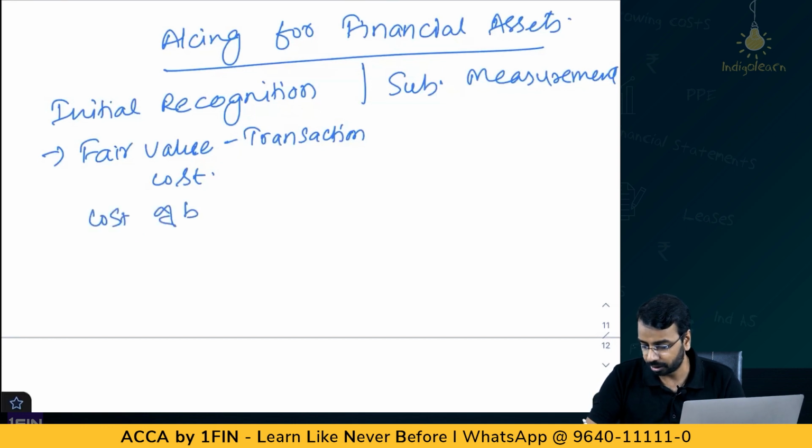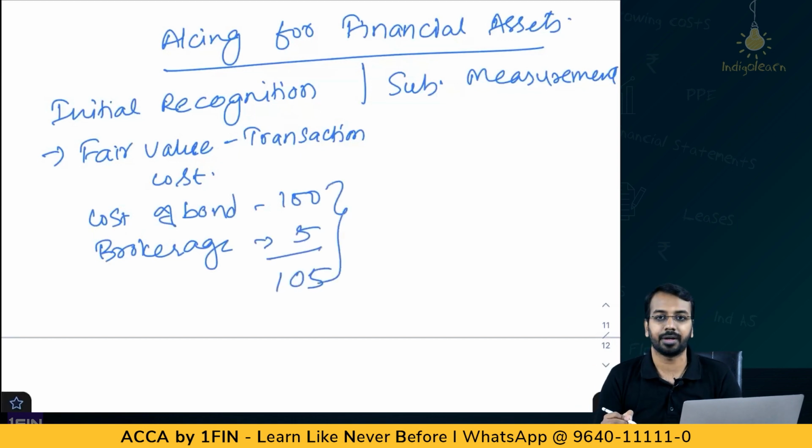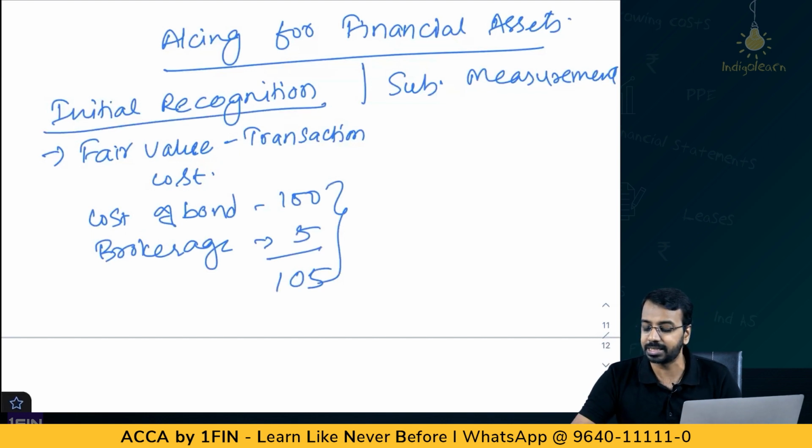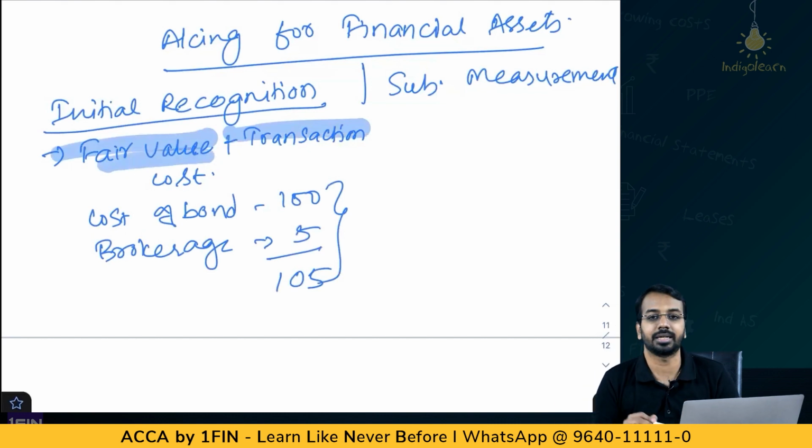Cost of bond, let us say 100, brokerage, let us say 5. So I will account for the transaction at 105. So always remember, a financial asset will be initially recognized at fair value plus the transaction cost.